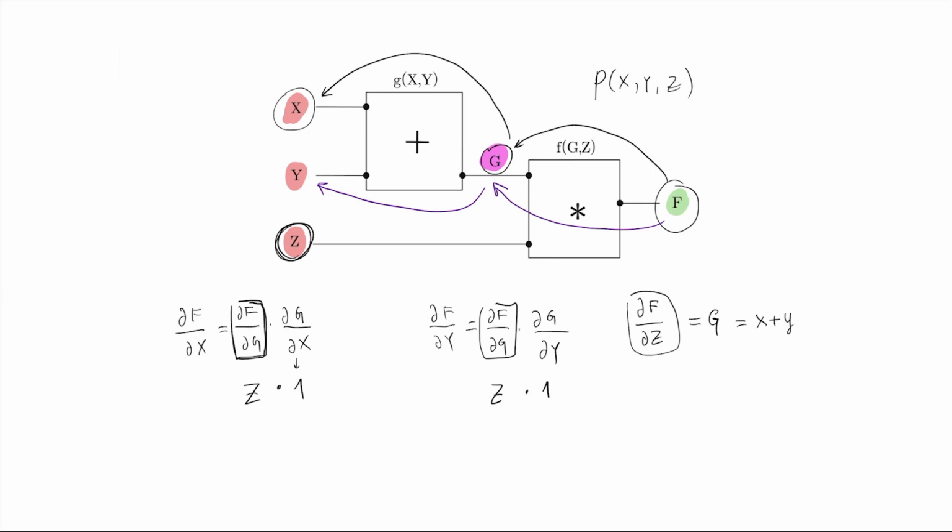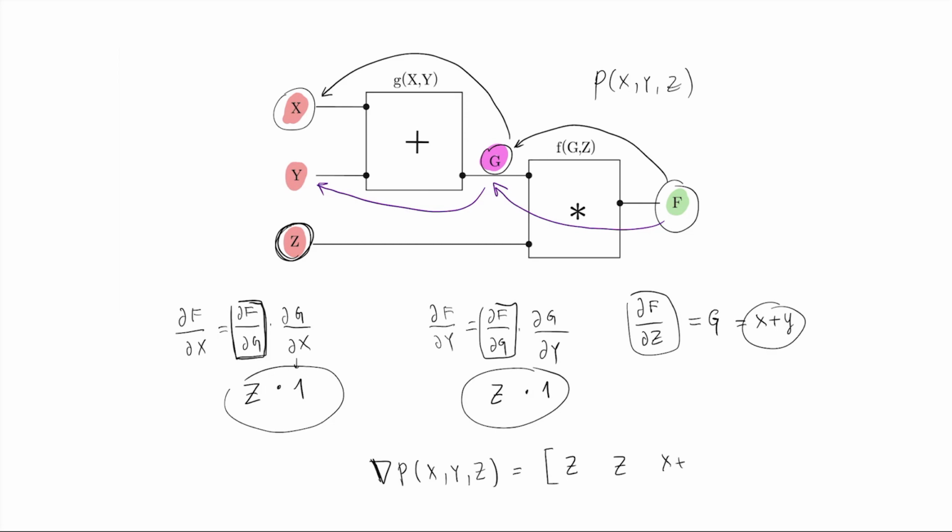Let's then describe the gradient of this function, p of x, y, and z. Its gradient is just z, z, and x plus y. So that's it.